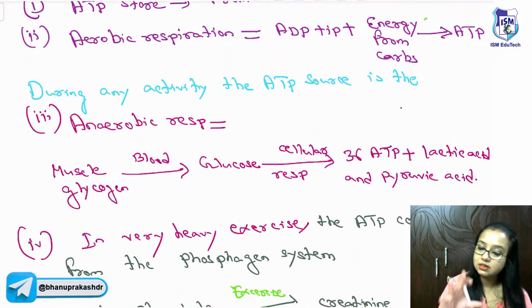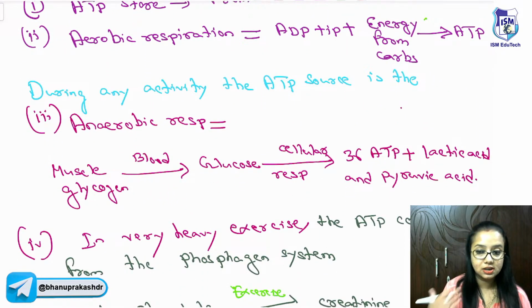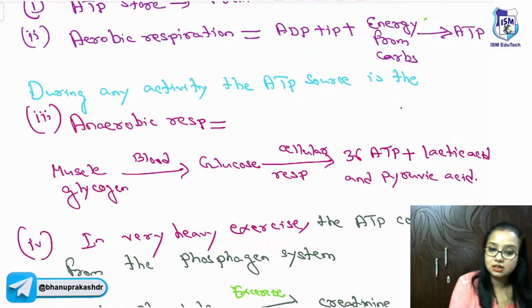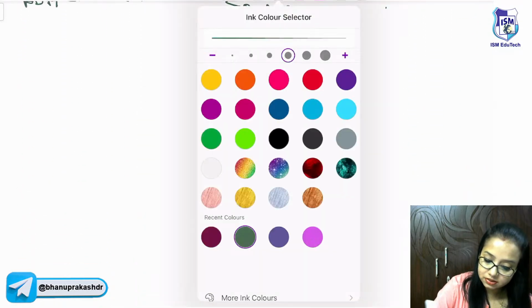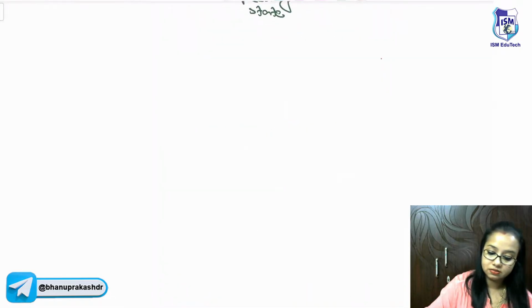One is the stored form that is constantly happening due to cellular metabolism. Then we have aerobic respiration during the resting phase, and during the exercise phase it is the anaerobic and the phosphagen system. Whenever this contraction is happening, there is generation of heat.